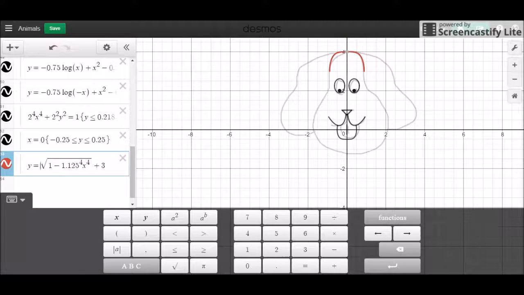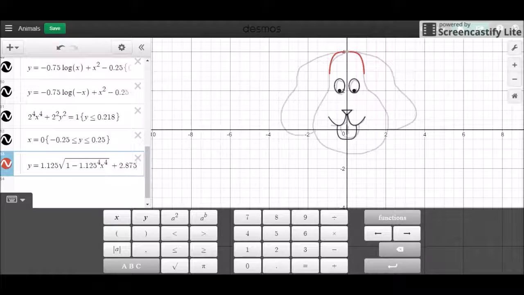Well, first I'm going to elongate it by a tad bit. Let's see how this goes. Be a little more precise. So which means it's going to be now 2.875. And I'm just going to go with this shape.